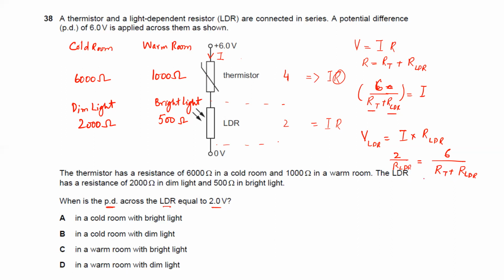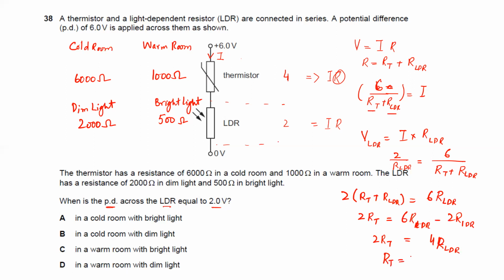So let's solve this. 2 multiplied by (RT plus R LDR) equals 6 times R LDR. So 2 RT equals 6 R LDR minus 2 R LDR. So this becomes 2 RT equals 4 R LDR. So RT is twice the value of R LDR.